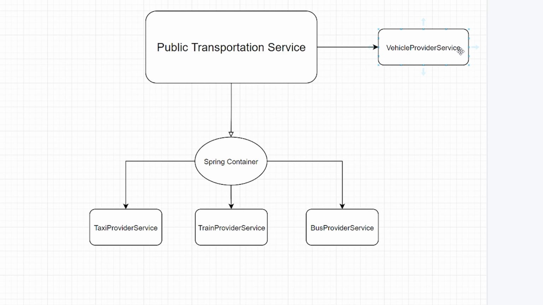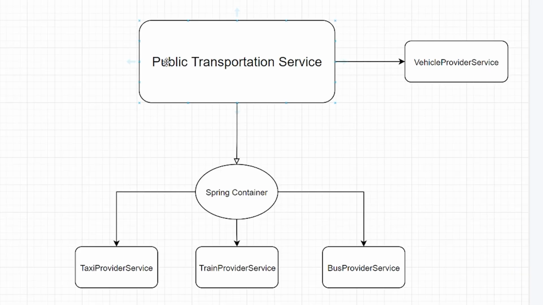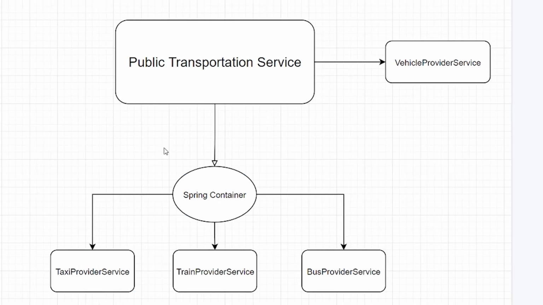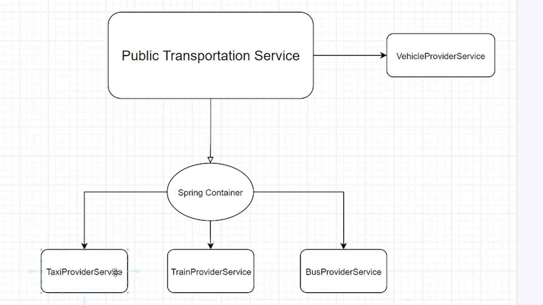And so the Spring container, when it creates the public transportation service bean, will know, there's different ways to tell it which one you're looking for, but let's say that we have a config option somewhere that tells it we want to use the taxi provider service by default. So Spring will find the taxi provider service bean, and since it implements the vehicle provider service dependency type, it will inject the taxi provider service into the public transportation service bean.